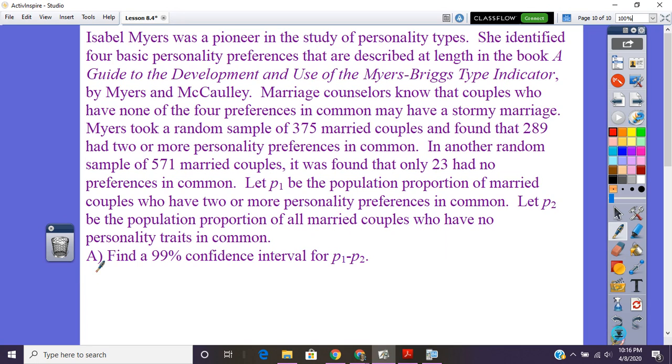So once again, the things that we're going to need to be able to find, we need the ZC for our 99% confidence, and that is 2.58. We also need our N1 and our R1. So our N1 is 375 married couples, and they said 289 have 2 or more in common.